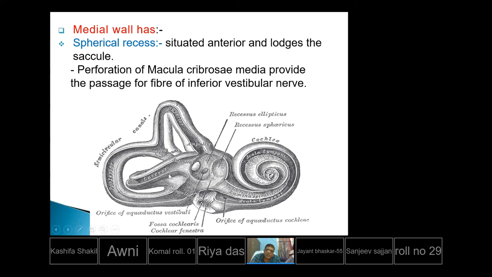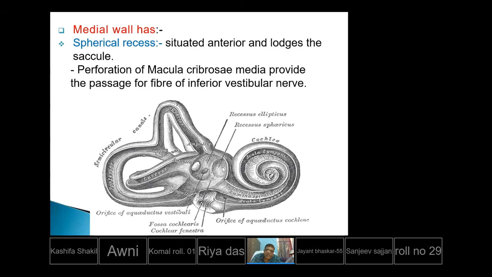Now posterior to this, you can see multiple perforations called the macula cribrosa media, for the passage of the inferior vestibular nerves.